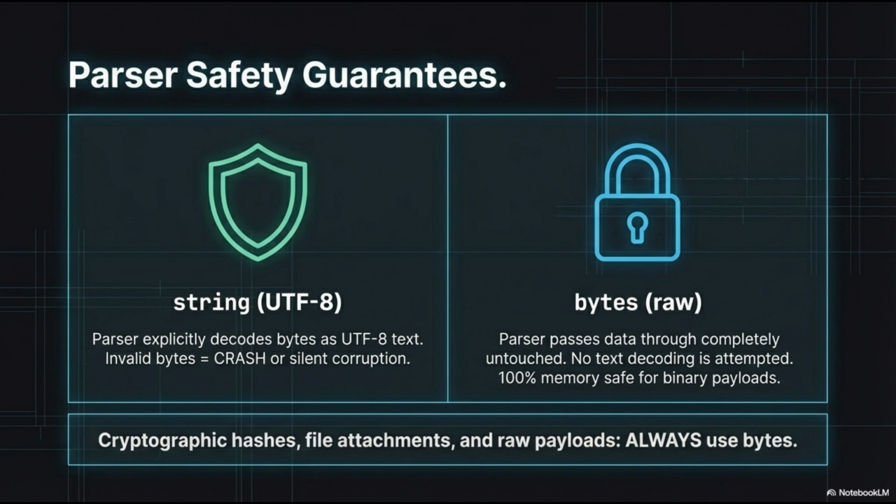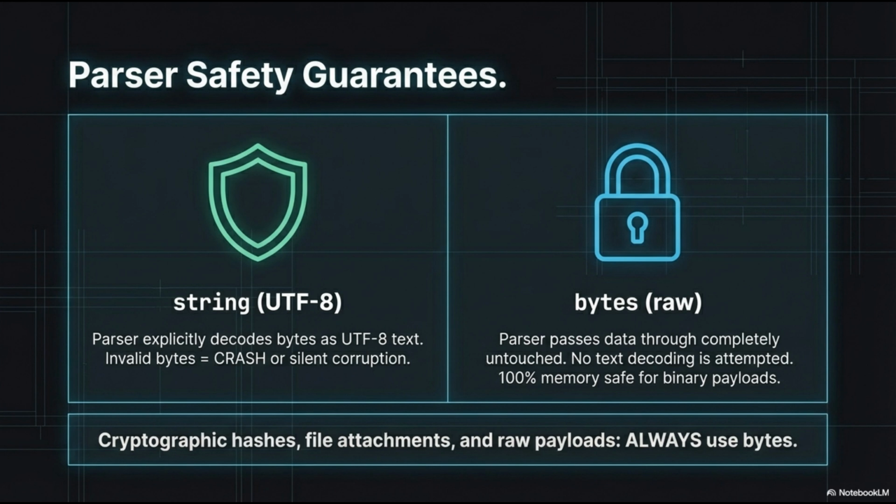So if I try to shove an encrypted blob or compressed image payload into a string field, the parser will attempt to decode that raw binary data as UTF-8 text. It's going to fail hard. It will encounter invalid byte sequences, and depending on the language implementation, it will either throw a fatal exception and completely crash your service.